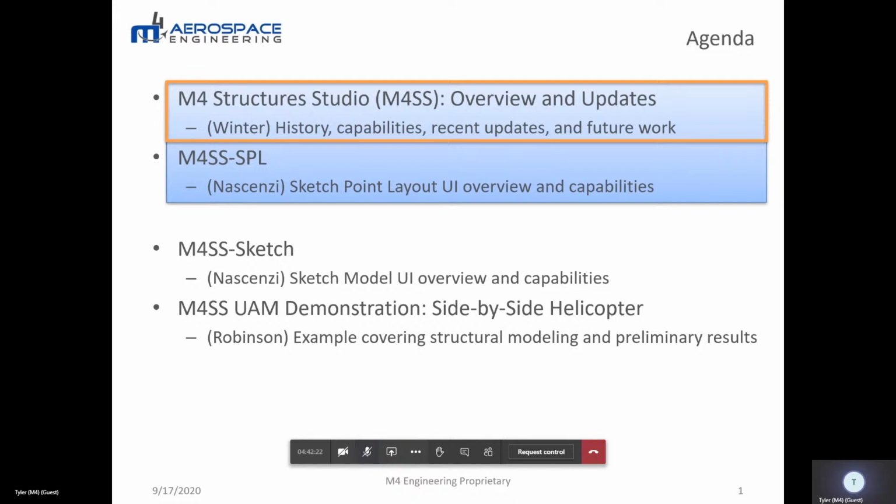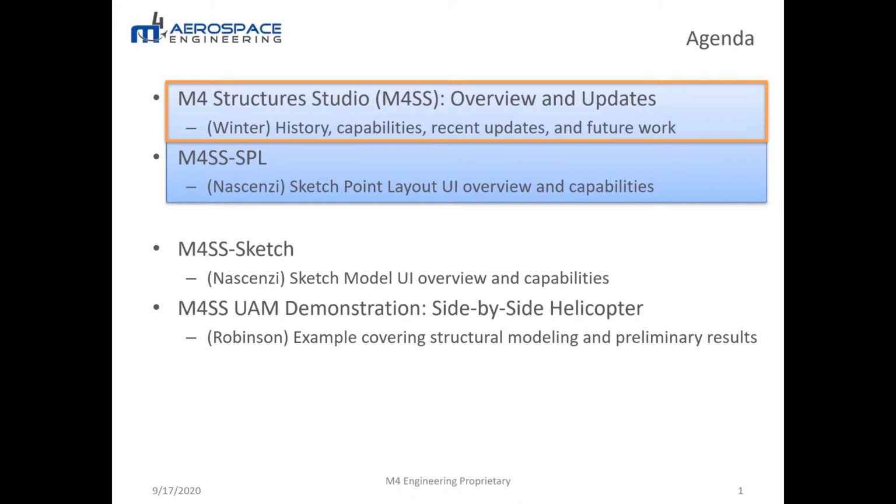Great. Thank you, Brandon. All right. So as Brandon said, we've got the next 2 hours here. This first hour, I will give an overview and updates for our M4 Structure Studio software. For those of you not familiar with M4 Structure Studio, it's our physics-based weight prediction downstream analysis tool of VSP. We will discuss the workflow on some of that here momentarily.